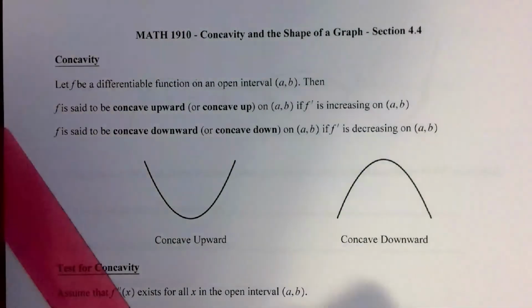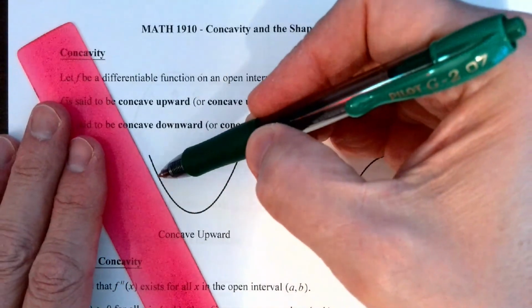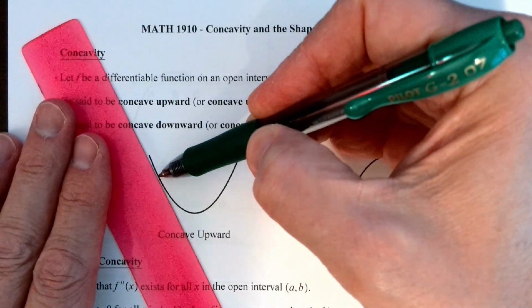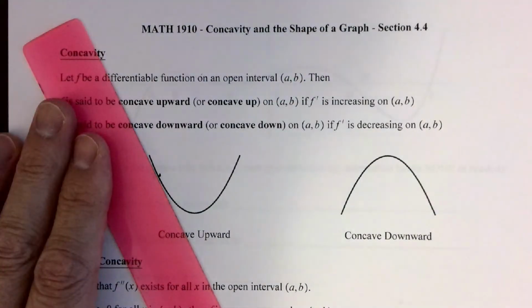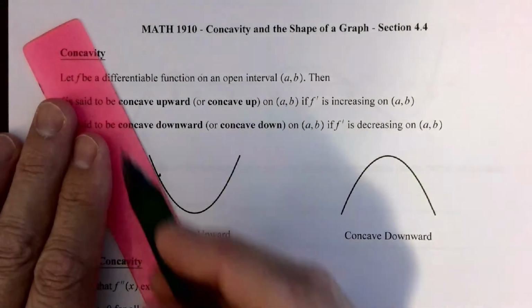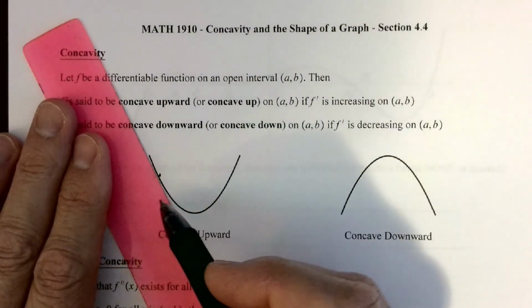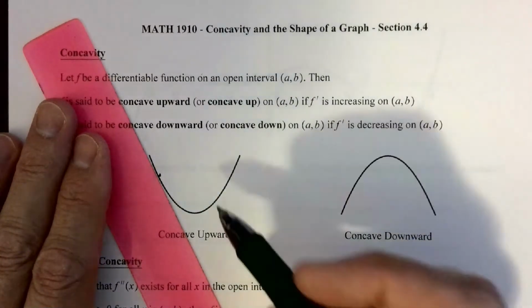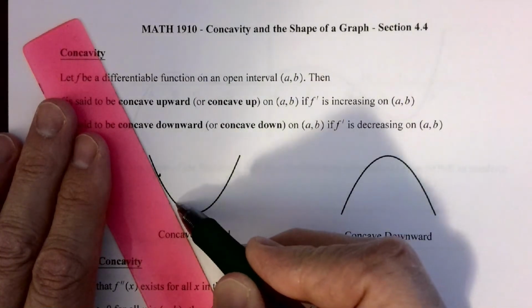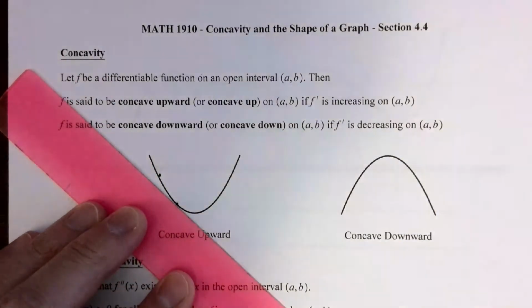If I look at the tangent line at some point, let's pick this point right here, and think about the slope of this tangent line. It's going to be negative, going down as we run over there. But as I move from left to right, here's my tangent line, still negative, but a little less negative.